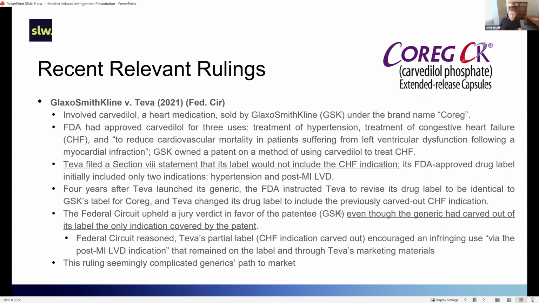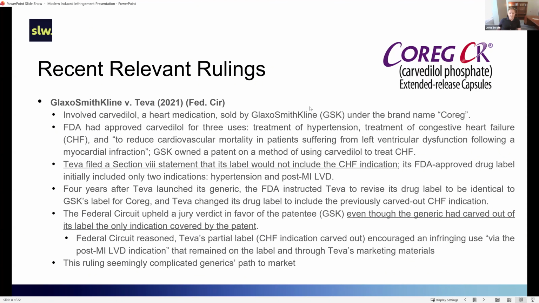The Federal Circuit reasoned that Teva's partial label encouraged an infringing use via the post-MI-LVD indication that remained on the label. And they also took into account Teva's marketing materials in their sale of the generic drug.